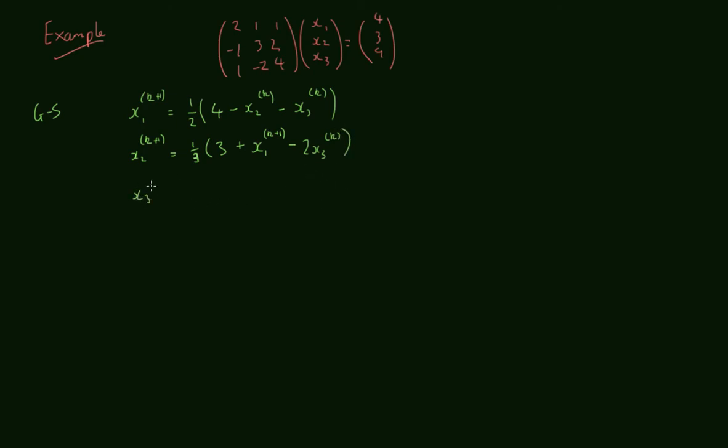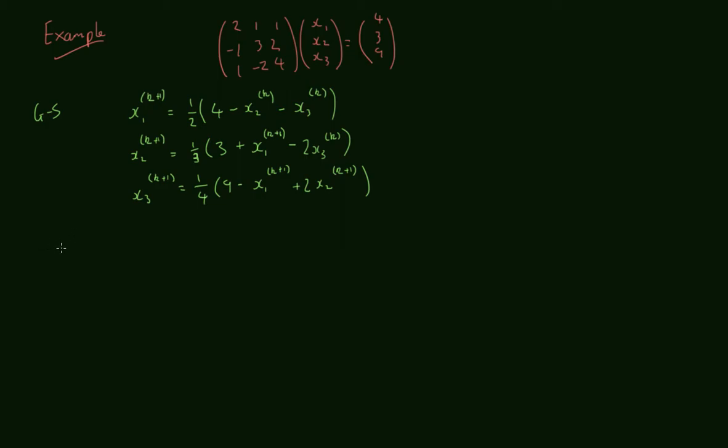For x3, we've calculated x1 and x2, so we can use our new values to update our estimate of x3. So b3 is 9 minus x1 using the k plus 1 estimate, plus 2x2, also using the k plus 1 estimate. That's our Gauss-Seidel method for solving this system of equations.